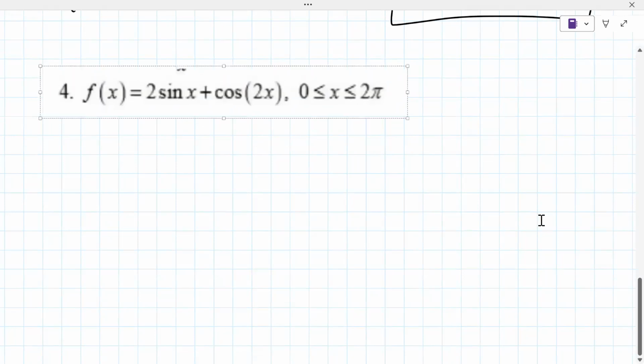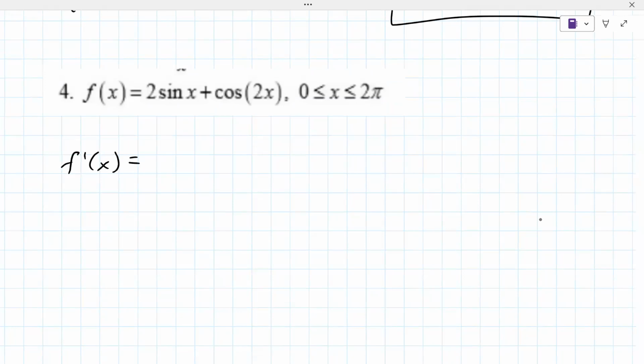It says do not use your calculator on problems for this component. Okay. All right. So you have to be able to take a derivative. What is the derivative of this?